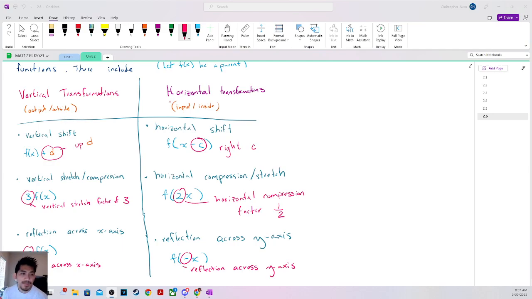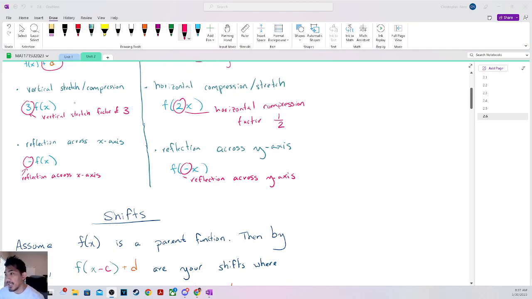So, if I'm adding or subtracting outside my parent function, it's going to be a vertical shift. If I'm adding or subtracting inside my parent function, it's a horizontal shift. If I am multiplying outside my parent function, it's going to be a vertical stretch by that factor.